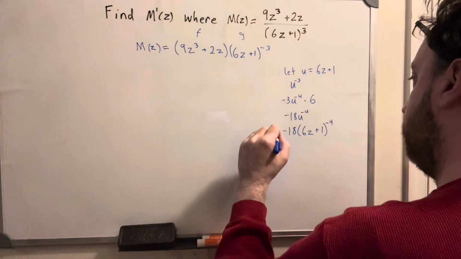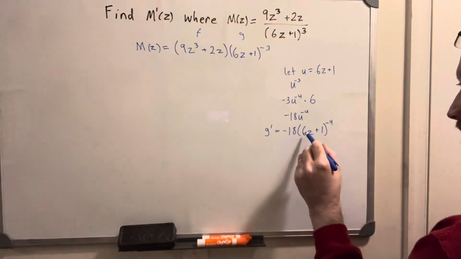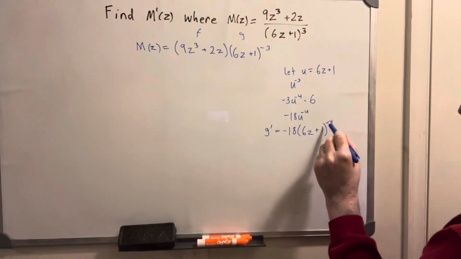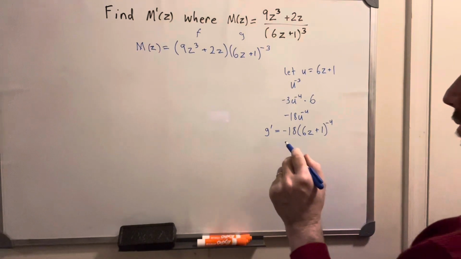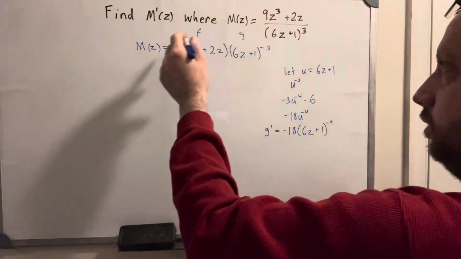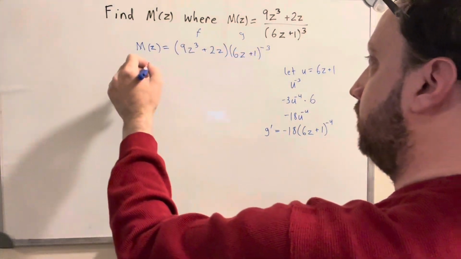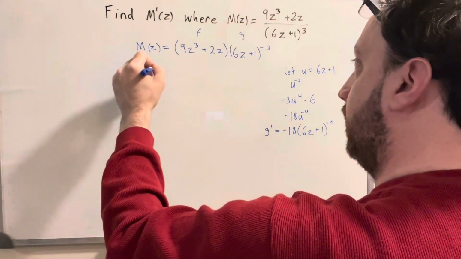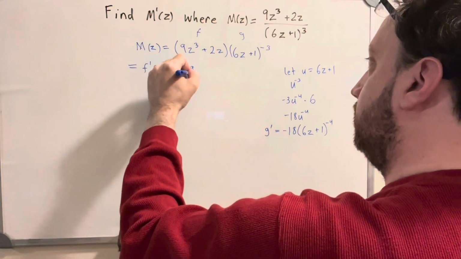Now we've got our g prime, negative 18 times 6z plus 1 to the negative 4th. So that helps. Now remember the product rule. What is this going to be? If this is f and this is g, we just got to do f prime g plus f g prime.